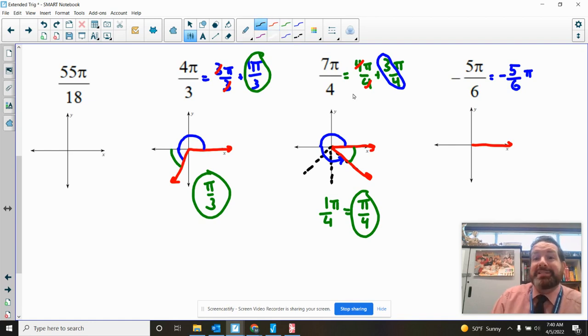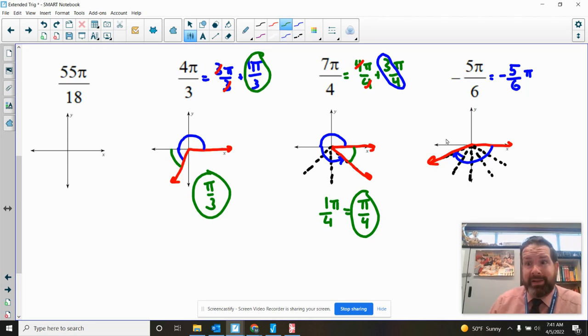Divide this into 6 parts. So cut it in half and then cut the halves into thirds. So here's 1, 2, 3. Divide that into thirds. 4, 5, 6. And I want to go 5 of those. So my angle is this one right over here.